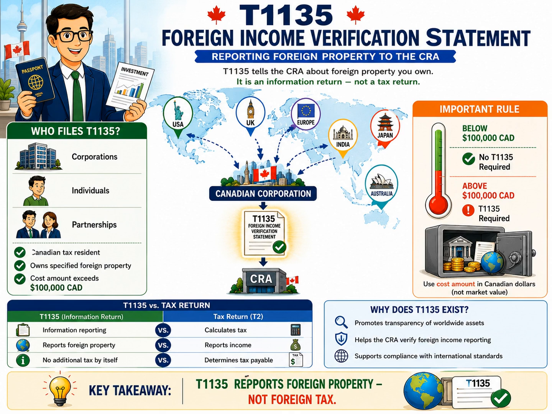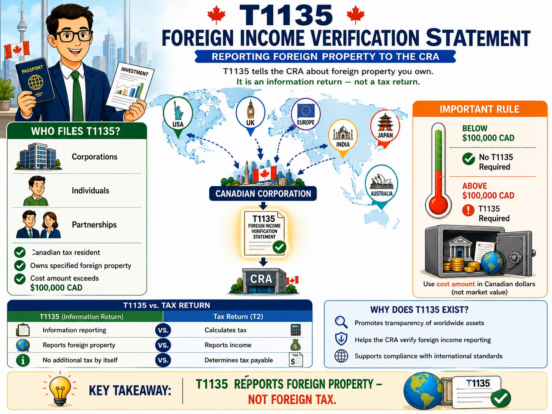The comparison table at the bottom highlights another important distinction. A regular tax return is used to calculate taxable income and determine how much tax is payable. Form T1135 does neither. It is simply an information return used to report foreign property to the CRA.